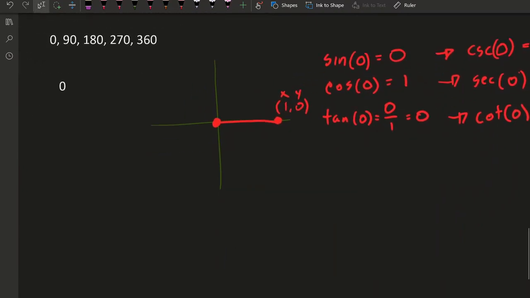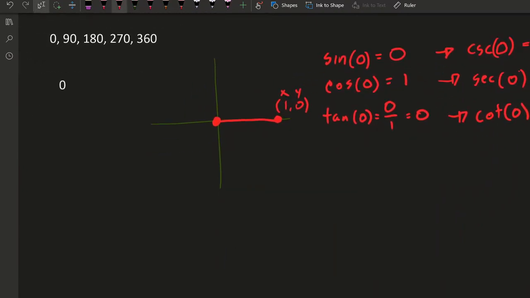Now, we could do that again. Let's try 270. So 270 degrees is going to go right here, giving us this point 0, -1.